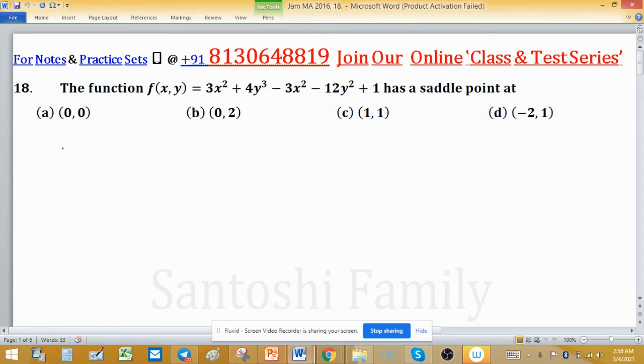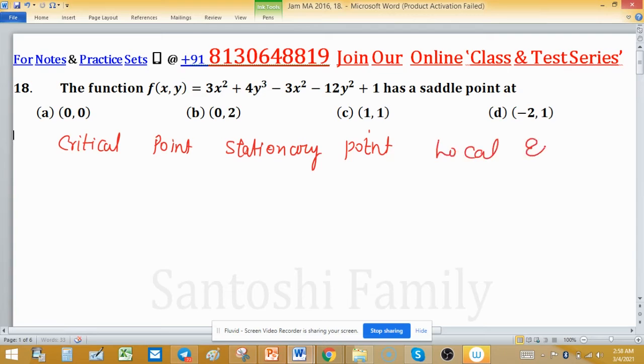To find this, related terms are critical point, stationary point, and local extrema. These are a few terms related to these problems, or somehow correlated.